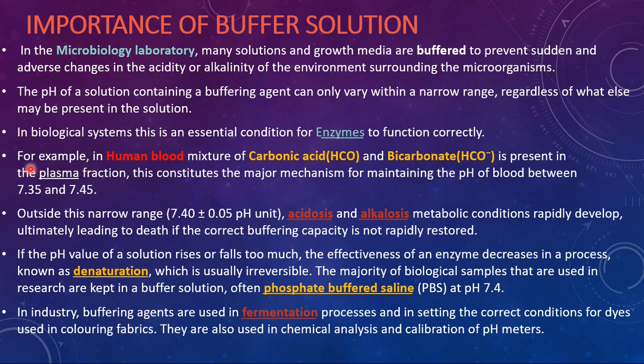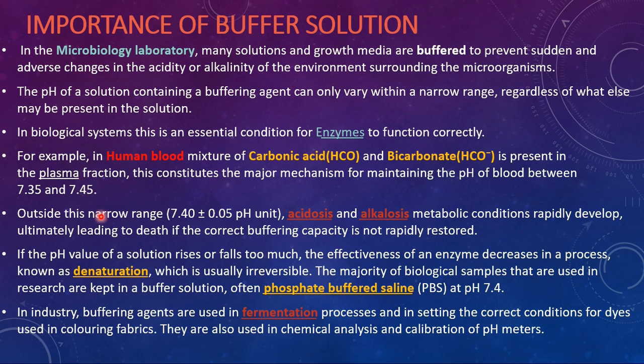For example, in human blood, the mixture of carbonic acid, H2CO3, and bicarbonate, HCO3 minus, which we have discussed, is present in the plasma fraction, isn't it? And that maintains the pH between 7.35 and 7.45.